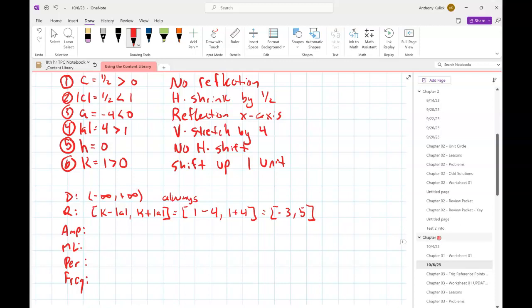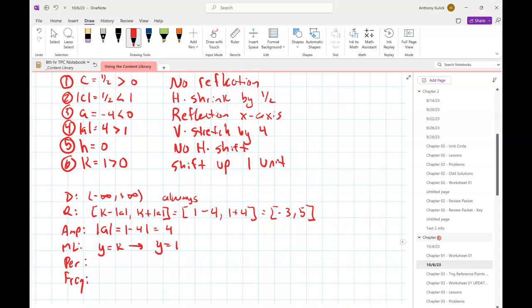The formula for amplitude is the absolute value of A. So that's the absolute value of -4, which is just 4. Maybe I'll box some of these things up. The midline is y equals k. The k in our situation is 1, so it's y equals 1.